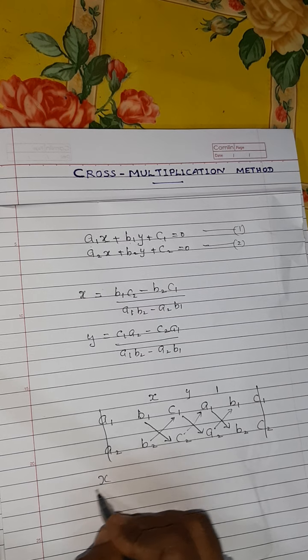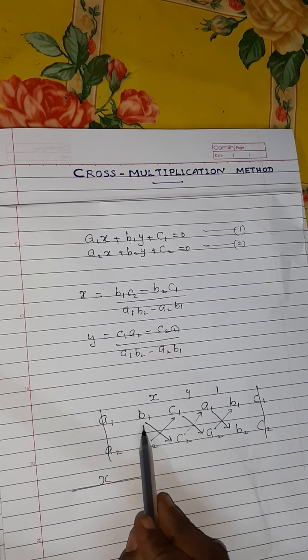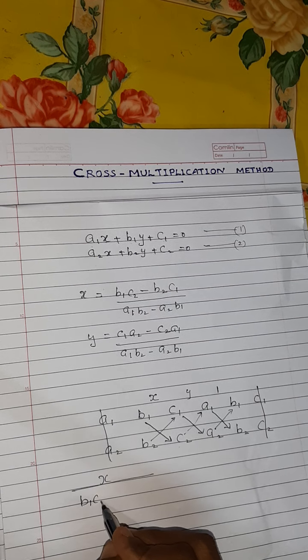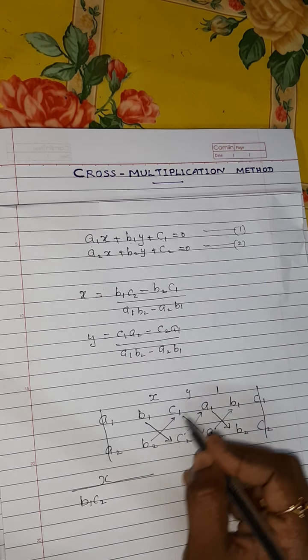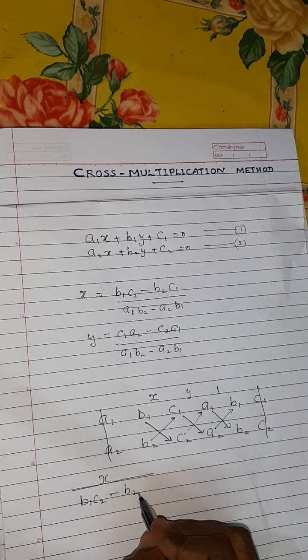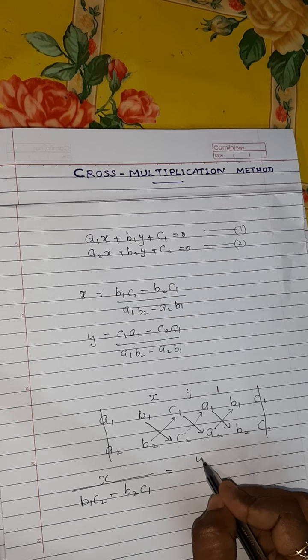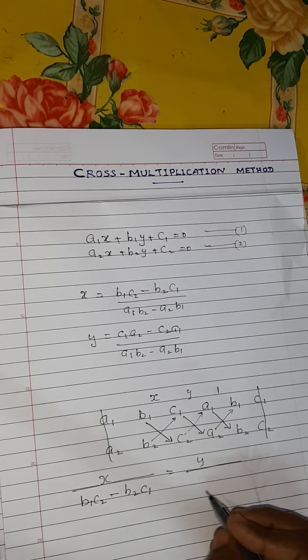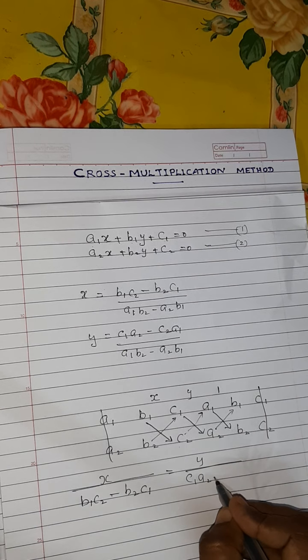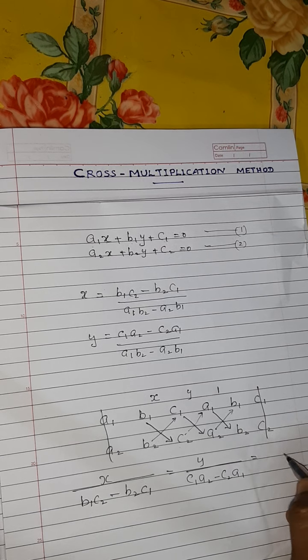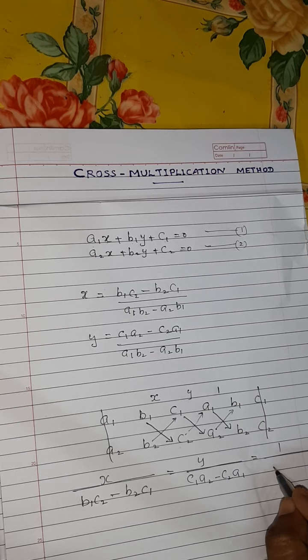Then write x by b1 c2 minus b2 c1 equal y by c1 a2 minus c2 a1 equal 1 by a1 b2 minus a2 b1.